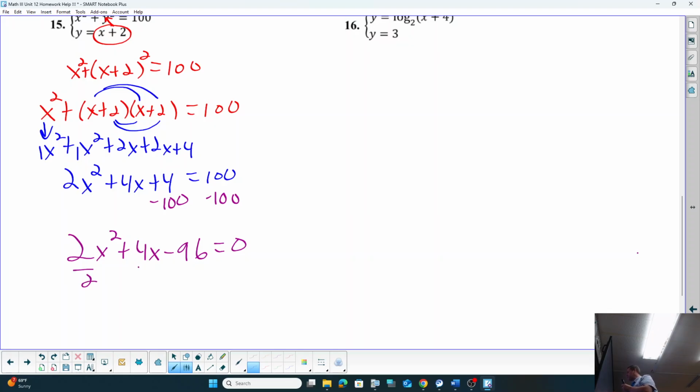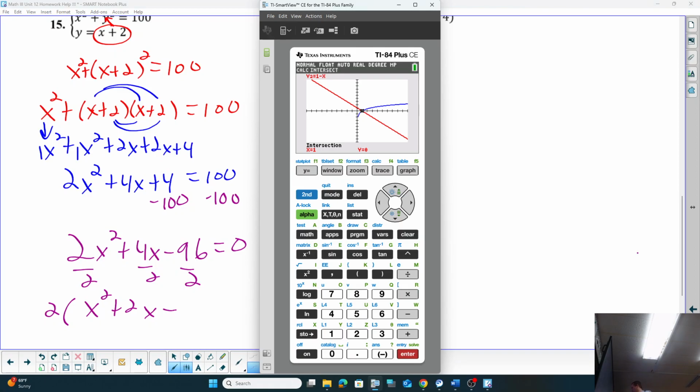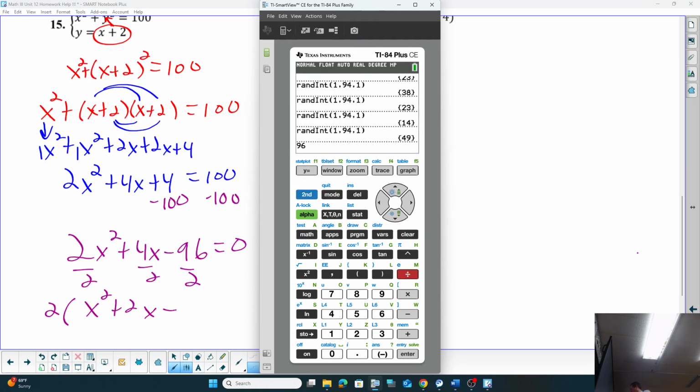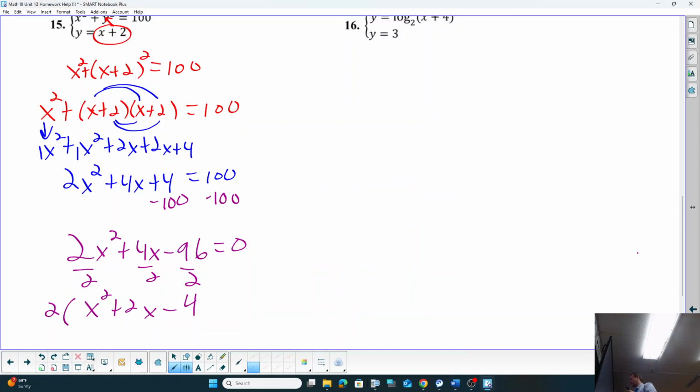Probably pull out the GCF to make this easier to factor, right? So we pull out a 2 there, we get x squared plus 2x, and 96 divided by 2, so make sure we do that right, that is going to be 48. So what are factors of 48 with a difference of 2?